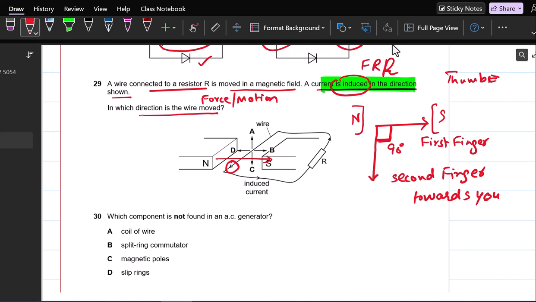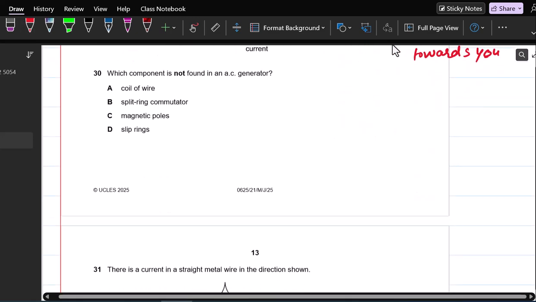Thumb will point in the direction of motion, or you can say direction of force. So here thumb will point downwards. So C is right. The motion of wire will be downwards. C is right.